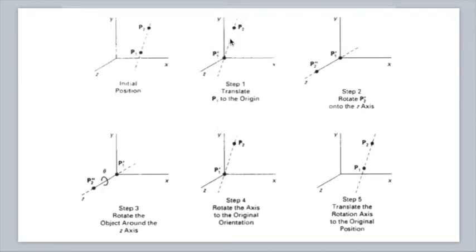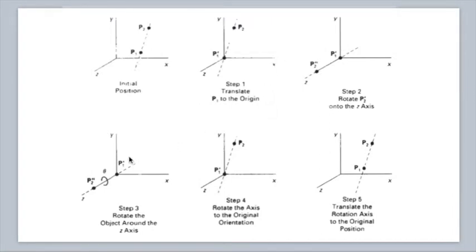This P1 dash, P2 dash is rotated so that it coincides with the z axis. See, this is the new rotation axis. So P1 dash, P2 dash coincides with the z axis. So you perform the rotation so that it coincides with the z axis.